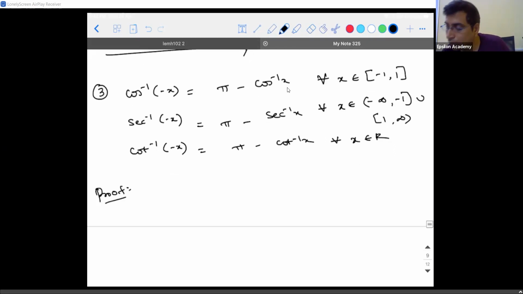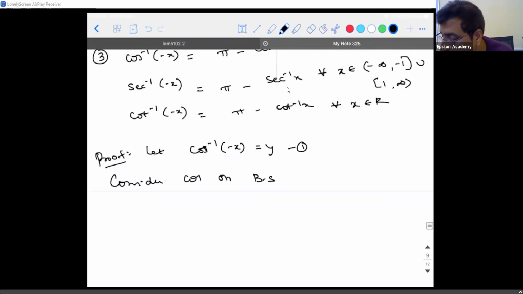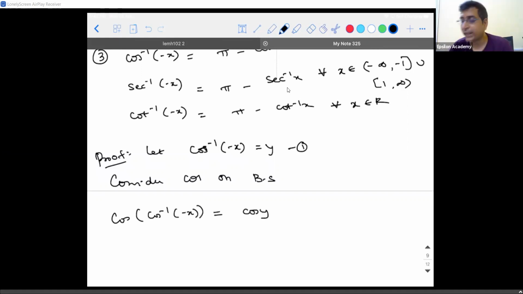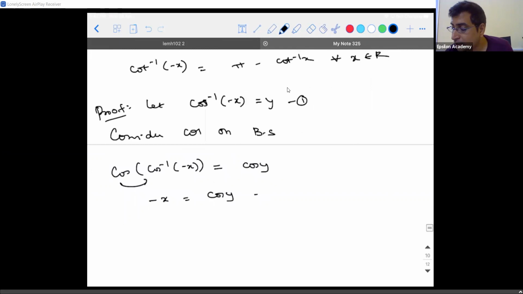So let cos inverse of minus x be y. I'll call it the first equation. Let us consider cos on both sides. What will you get? Cos of cos inverse of minus x is equal to cos y, which implies x is equal to minus cos y. Cos is negative in which quadrants?